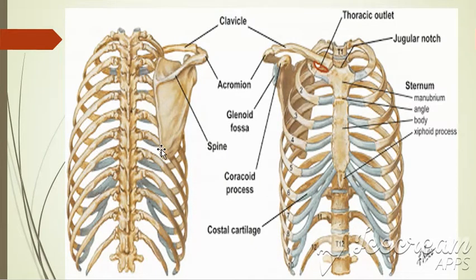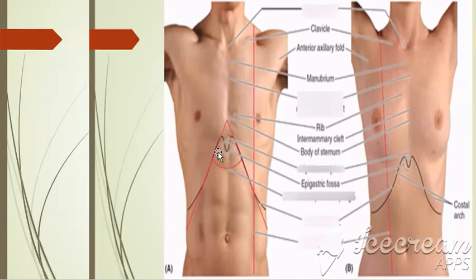Then come to the fourth landmark, that is the xiphisternal joint. This is the joint between the body of the sternum and the xiphoid process, known as the xiphisternal joint. And see in this diagram, this portion is known as the epigastric fossa.